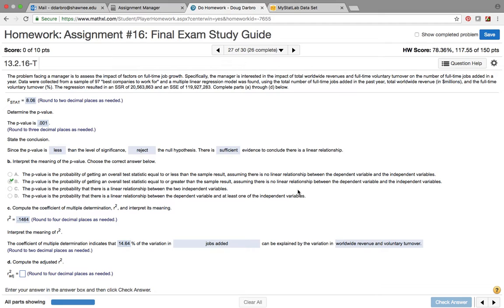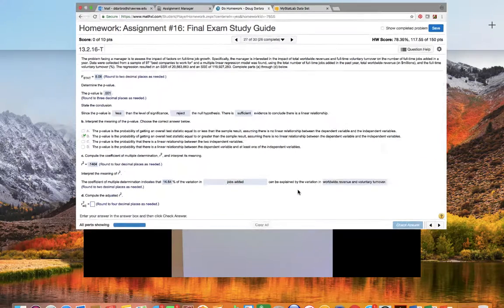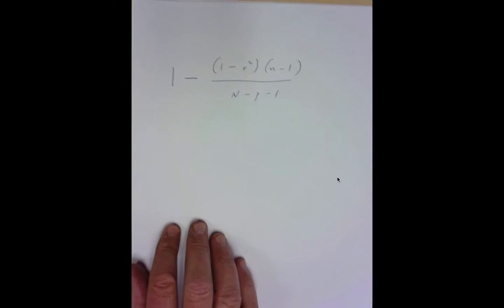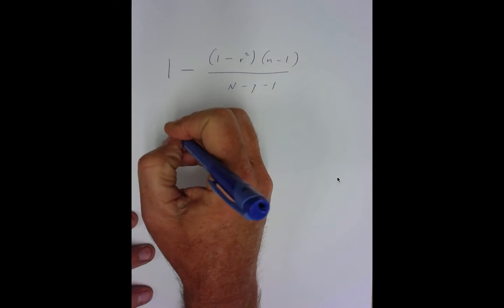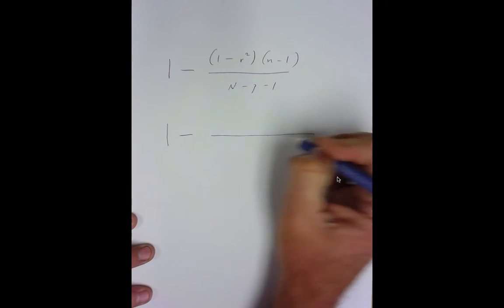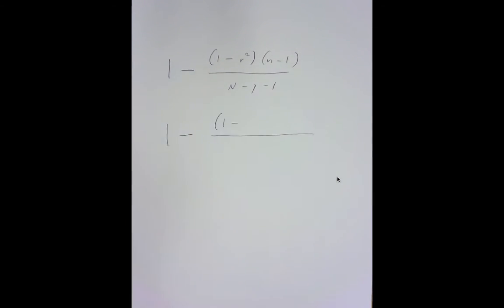So it looks like the adjusted r squared is 1 minus r squared, n minus 1... so it looks like it's this. So just totally formula driven, no big deal here.